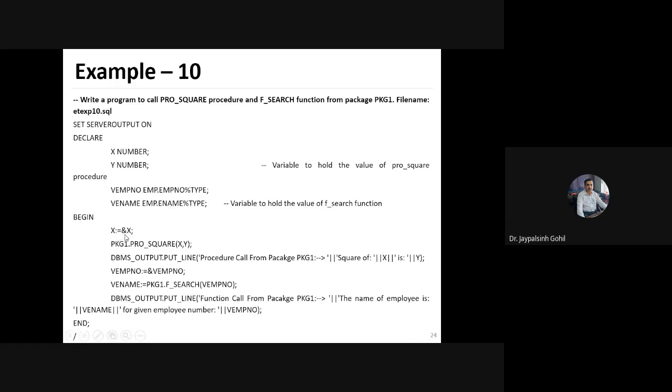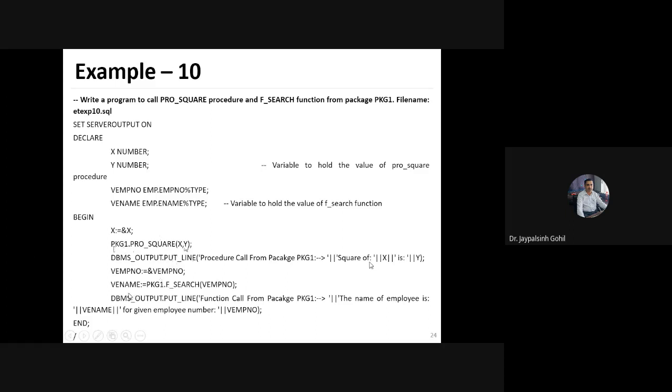I'm taking the value of x for calculating the square of the given number. Then I'm taking the employee number from the user, and I'm passing that to the procedure and function. The only difference is I have to prefix the package name. See here I have written pkg1, then the procedure name pro square, and then the in out mode parameters, and that I simply have to print.